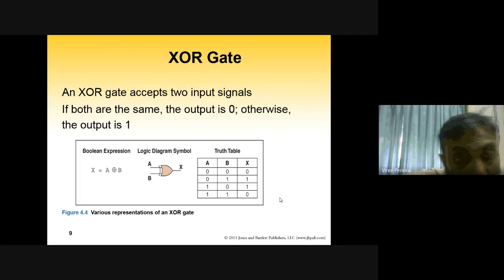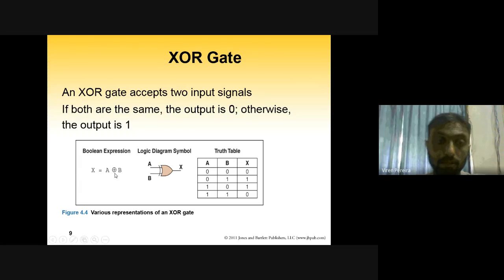It is not just an addition sign, it is a circled addition sign. This symbolizes your XOR, the exclusive OR. You have the logic diagram signal, and your output is taken as X.